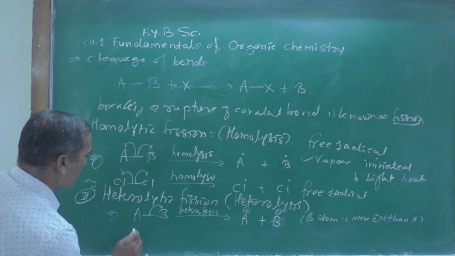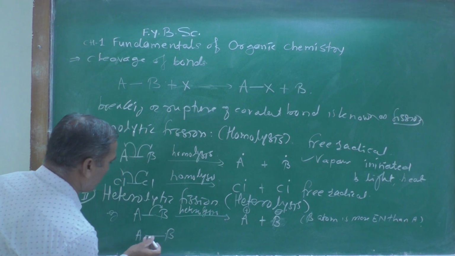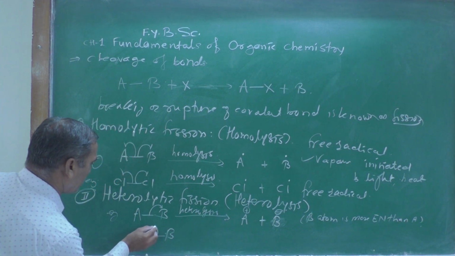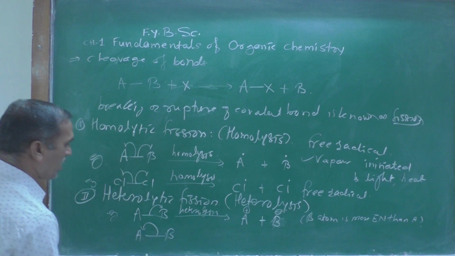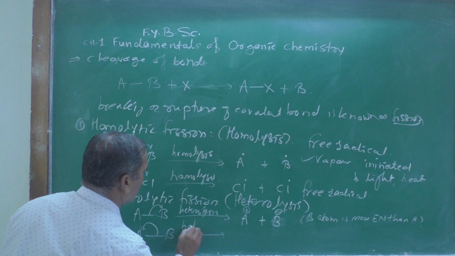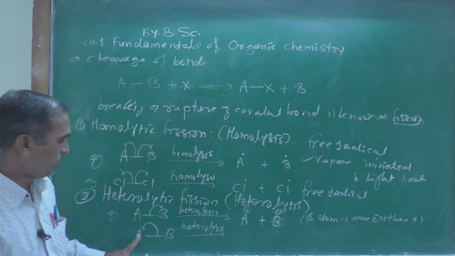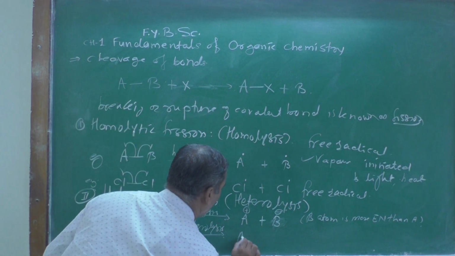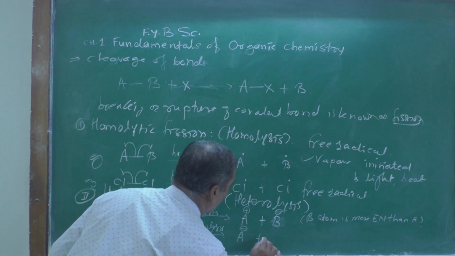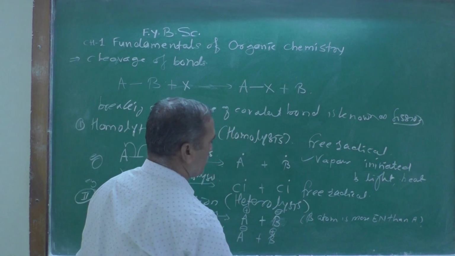Similarly, suppose A and B, if I show the arrow like this, what do you see over here? In this heterolysis process, A gets a negative charge, whereas B gets a positive charge.